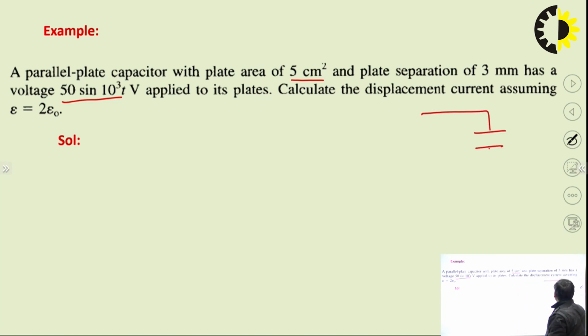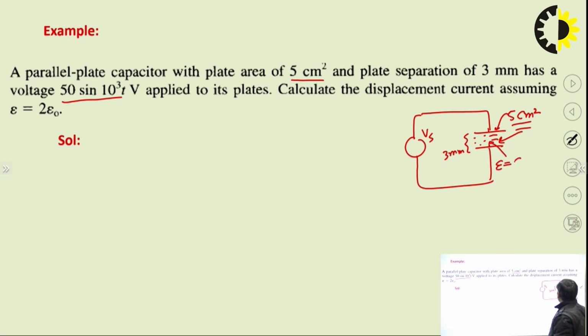This is our conductor, connected with the source. What we want is the displacement current flowing between the perfect dielectric. The separation between the two plates is 3 mm, the plate surface area is 5 centimeters square, and epsilon is 2 epsilon naught.